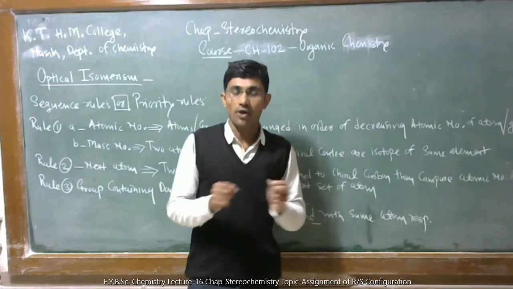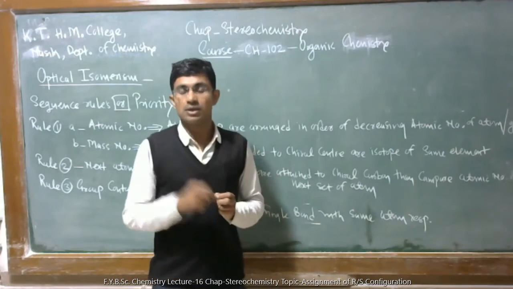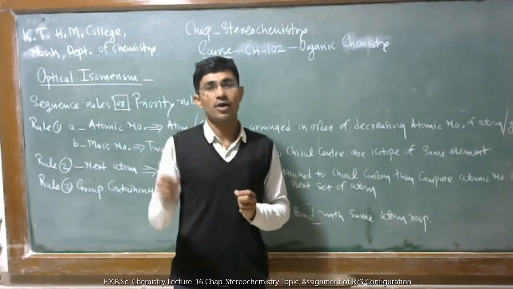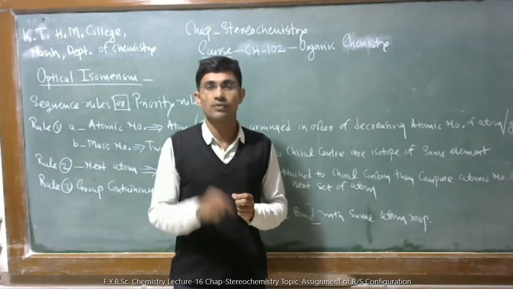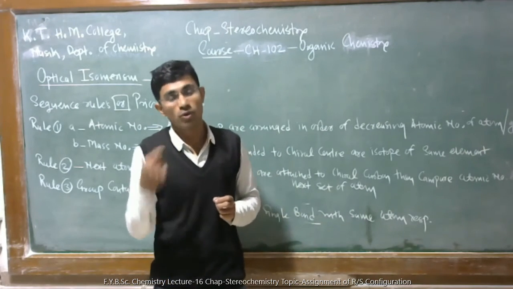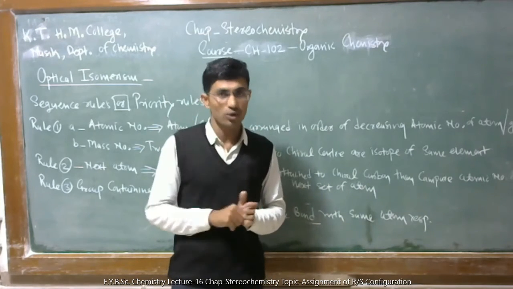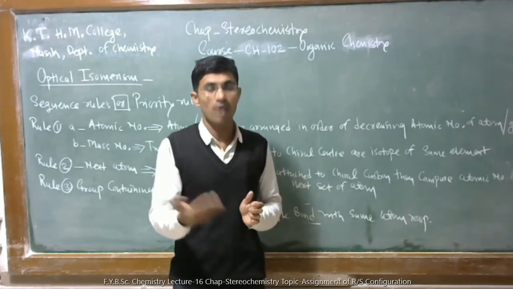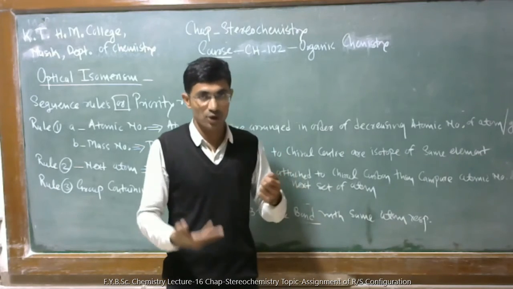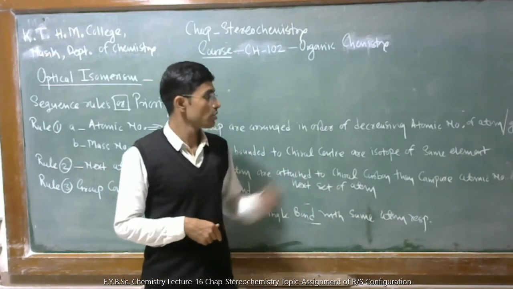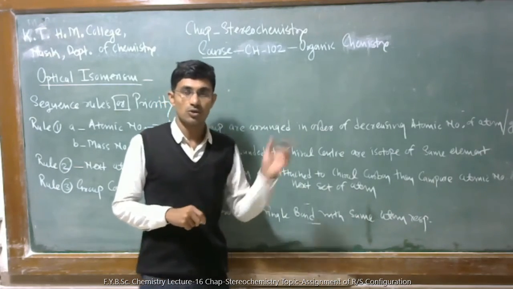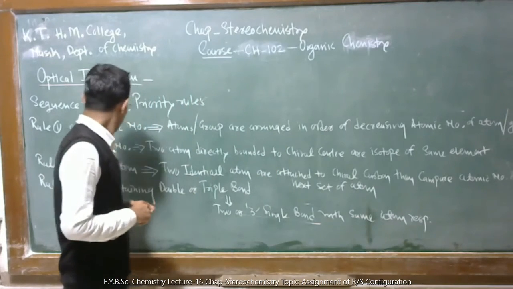According to that, the atom with the higher atomic number gets the first priority, while the atom with the lower atomic number gets the fourth priority. The chiral carbon has four groups, so the atom with the lowest atomic number gets the last, or fourth, priority. This is the first rule we discussed last time also.